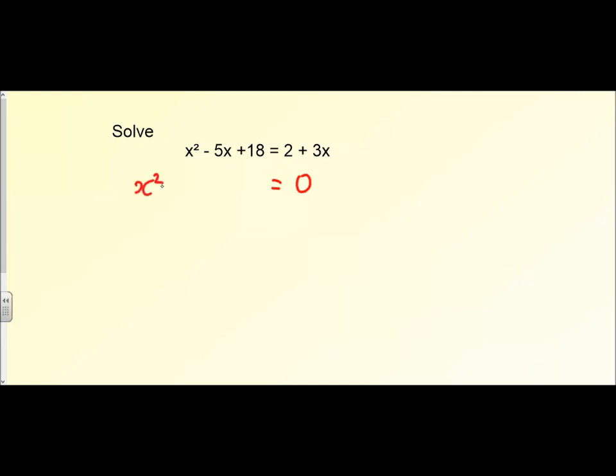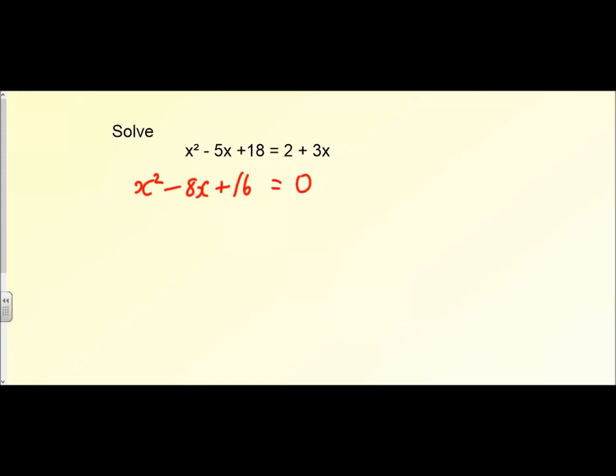So that's going to leave me with minus 5x subtract 3x, which is minus 8x, and then 18 subtract 2, which is 16.